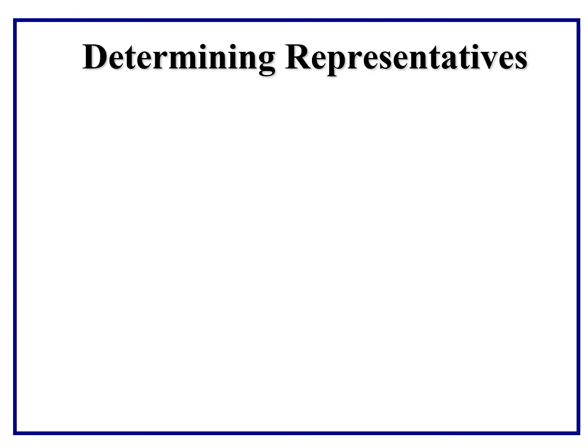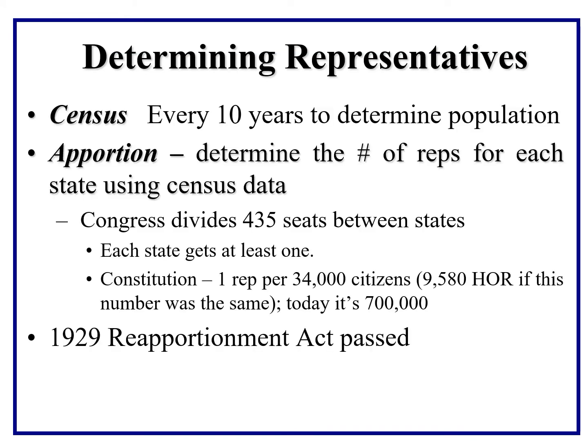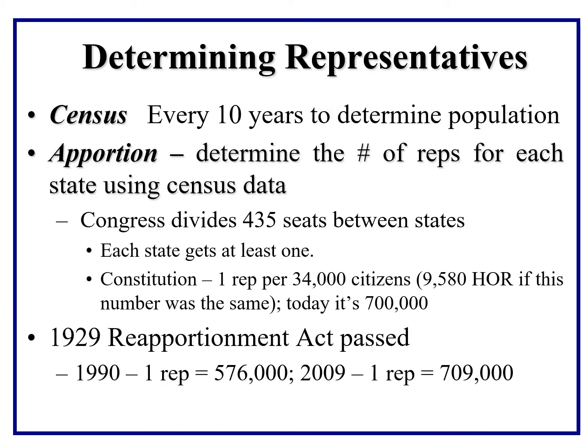Okay, so determining representatives. On your note-taking guide, the number of seats was capped at 435 by federal law in the House by the 1929 Reapportionment Act, okay? The 1929 Reapportionment Act, that's at the bottom of your screen there.